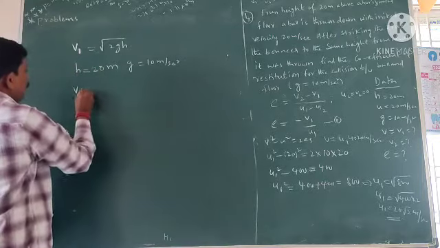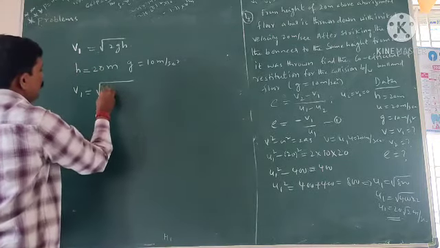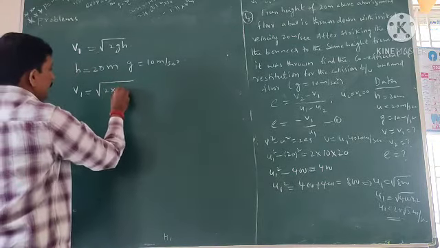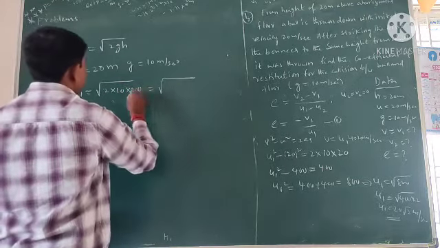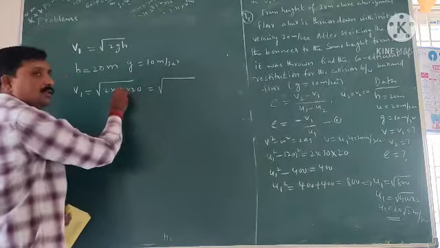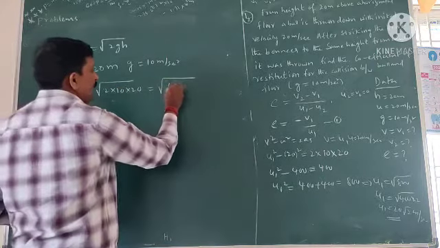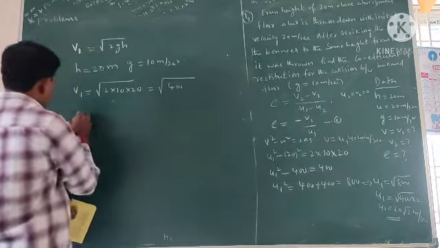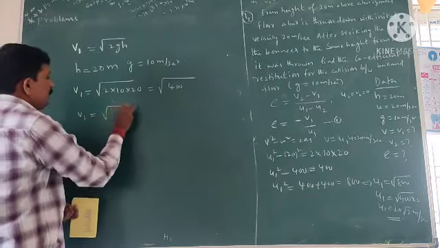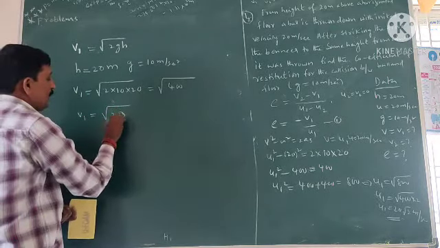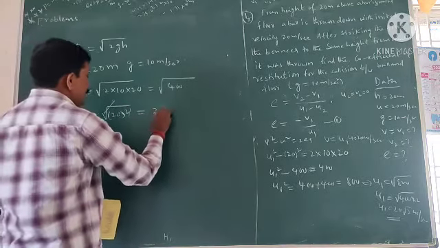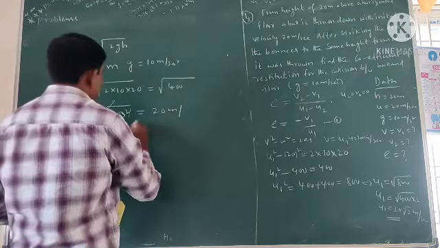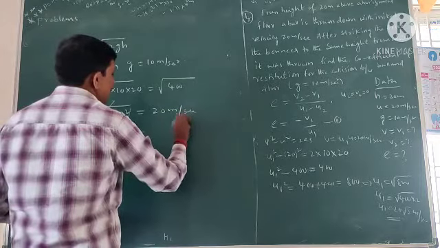So V1 is equal to under root of 2 into 10 into 20, that is under root 400. V1 is equal to 20 whole square under root; square and root get cancelled. Finally we get V1 is equal to 20 meter per second.